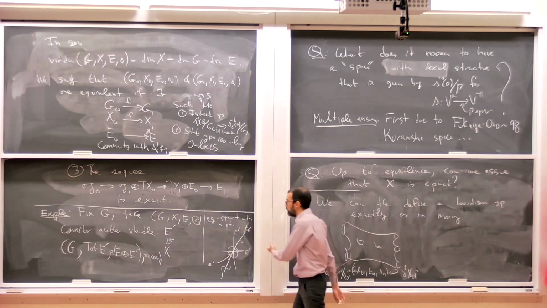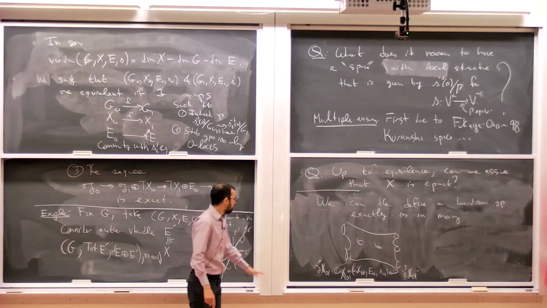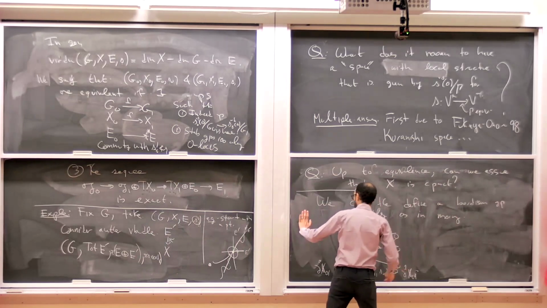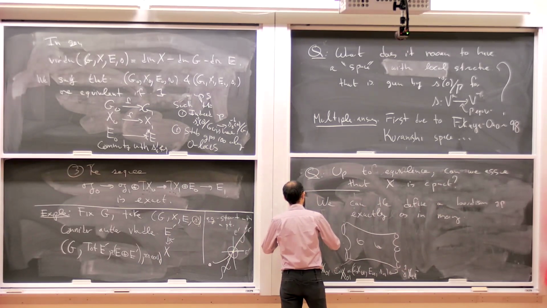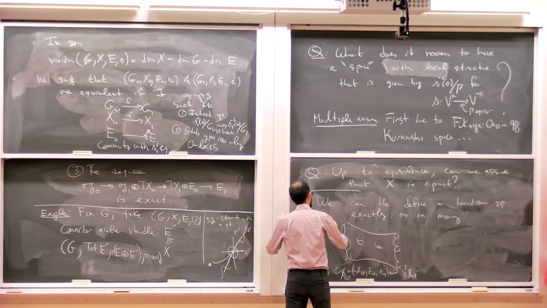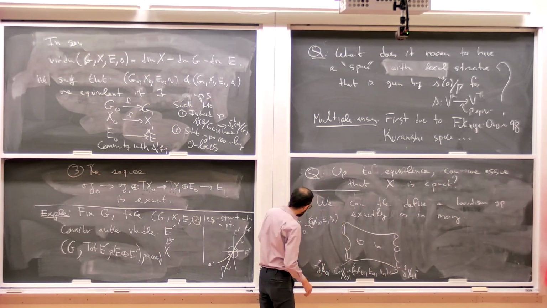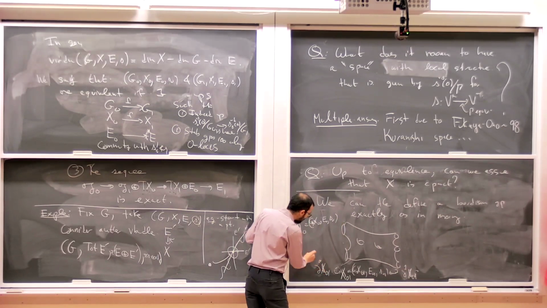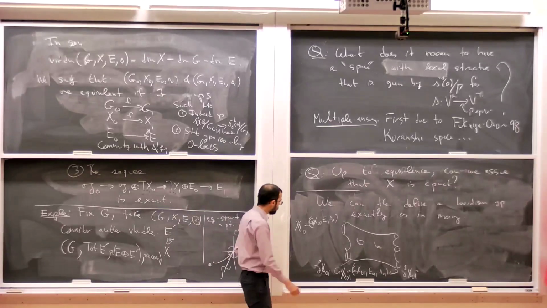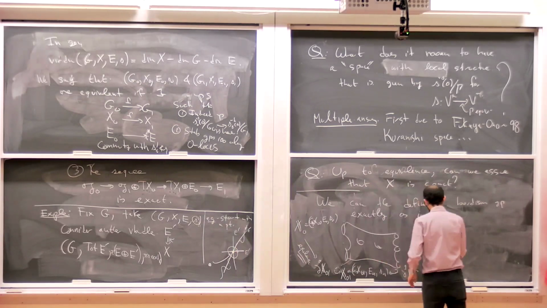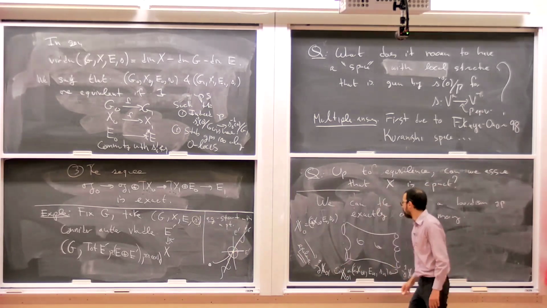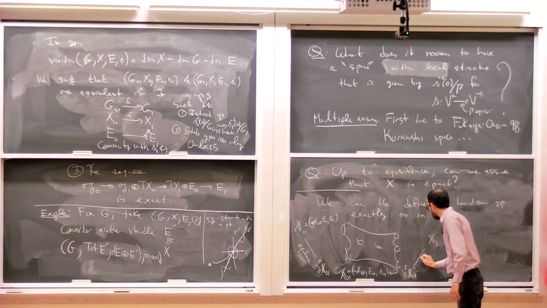And then what it means to have a cobordism from x0 to x1 is that you take x0, you have an equivalence from x0 to x01, and then you have x1, you have an equivalence from x1 to this boundary stratum.